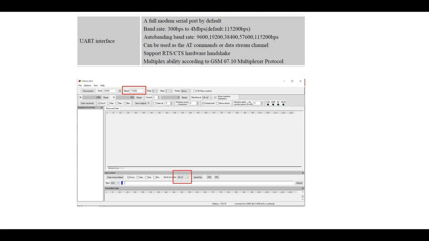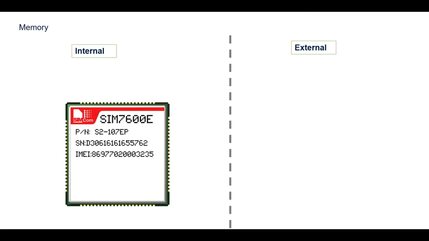CRLF allows us to send \r and \n at the end of every command we send through the software, and we adjust the baud rate based on the datasheet default. For example, the datasheet mentions the default baud rate for this module is 115200 bits per second.